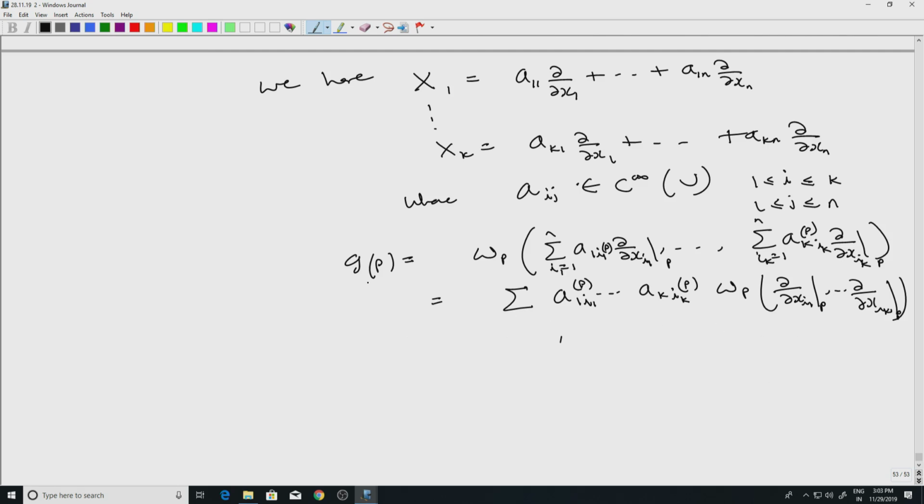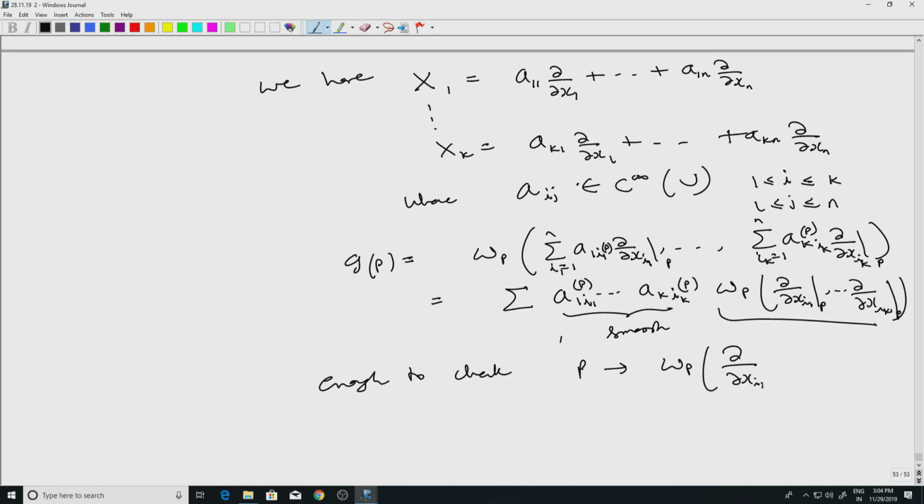By assumption, these coefficient functions coming from the vector fields are smooth, so therefore the product is smooth. So one just has to check that it is enough to check that p going to omega p del by del x I1 at p, ..., del by del x Ik at p is smooth.